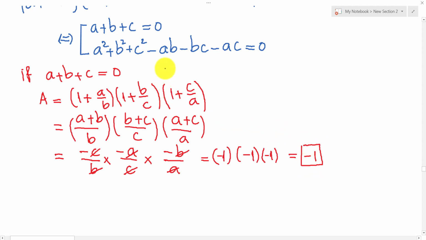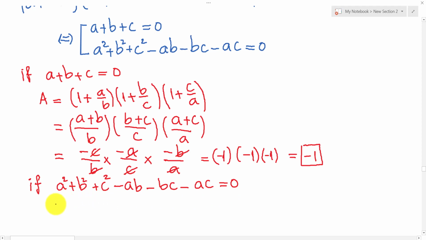Now we use this equation: a square plus b square plus c square minus ab minus bc minus ac equals 0. So I multiply both sides of this equation by 2.